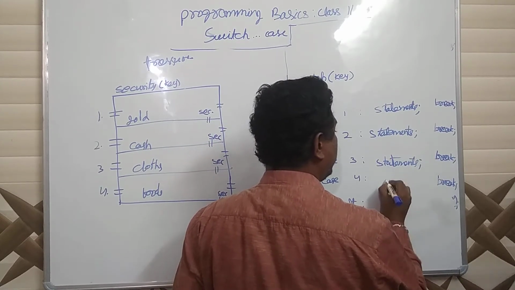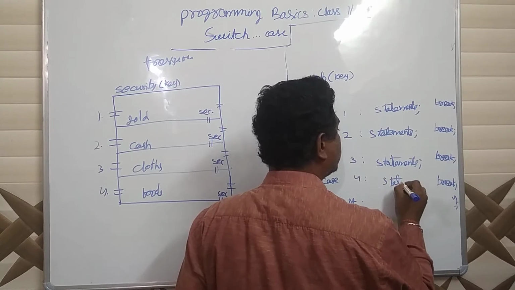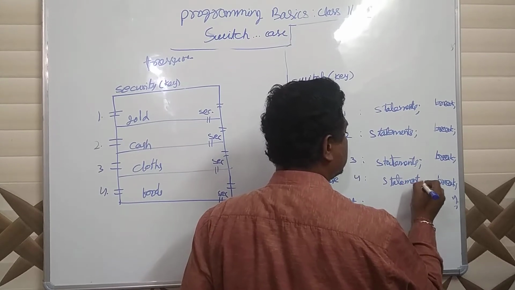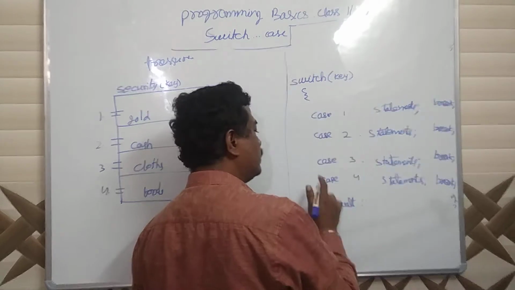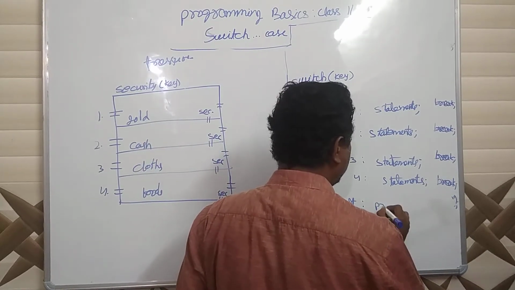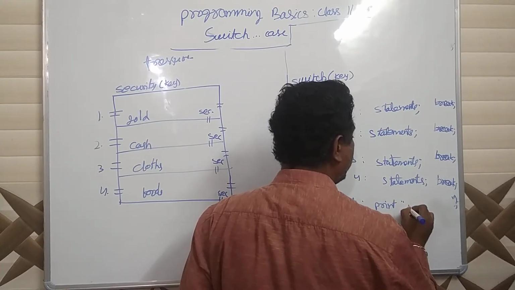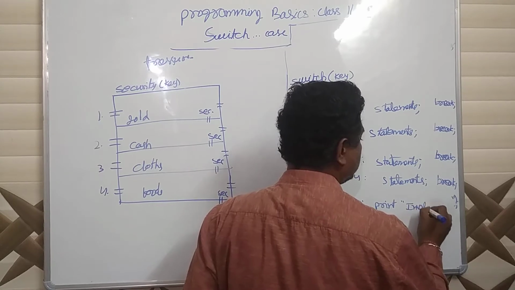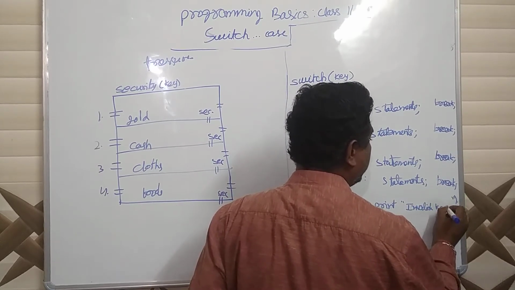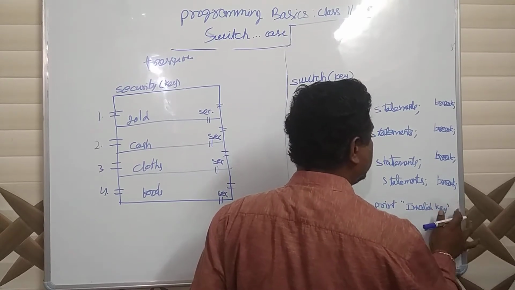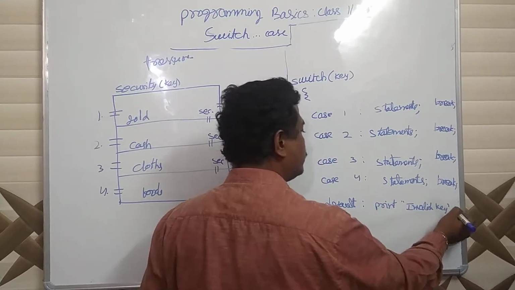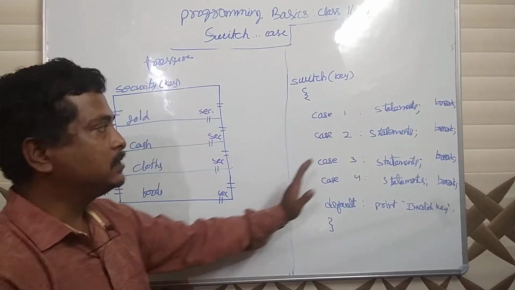If none of the options works, then finally you can give a message, print invalid key, or enter correct key. Like that you can give some message. Now this is the syntax of switch case.